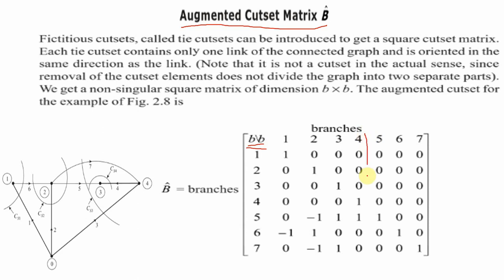So for 1 to 4 it is the same as before, and the remaining branches 5, 6 and 7 belong to the diagonal elements: 5,5 is positive 1, 6,6 is positive 1, and 7,7 is positive 1. If you form the matrix like this, then it is called the augmented cut set matrix, which is represented by B cap.